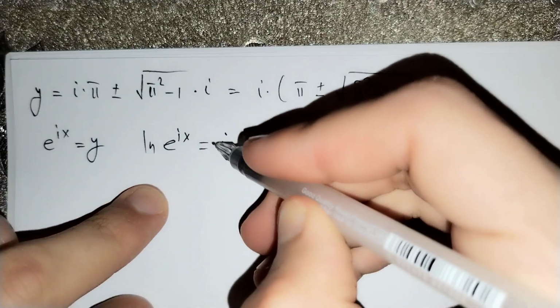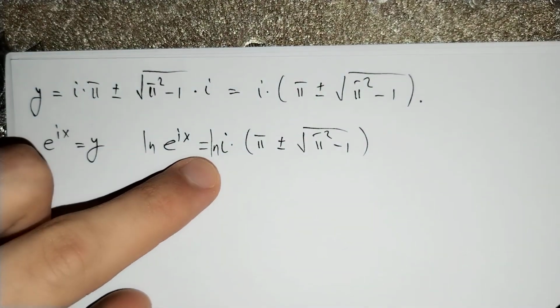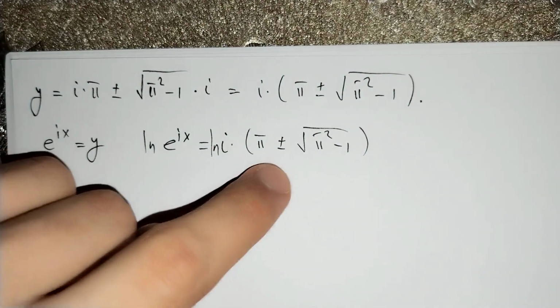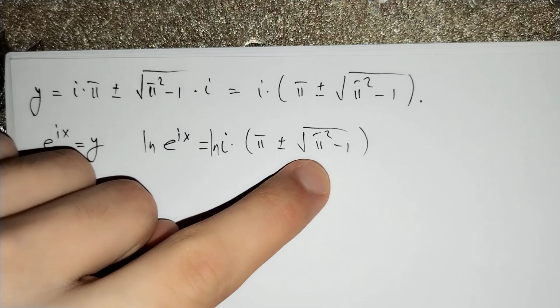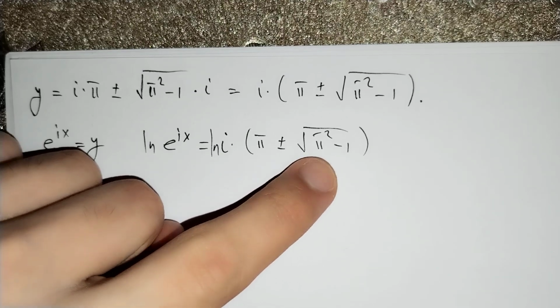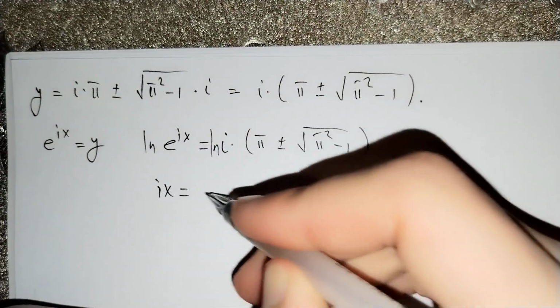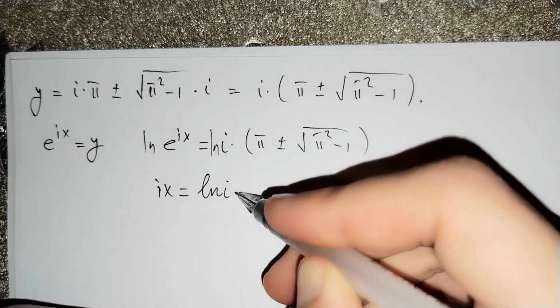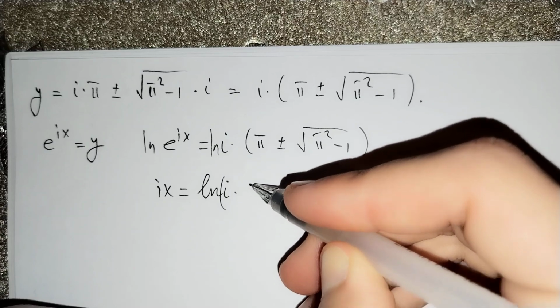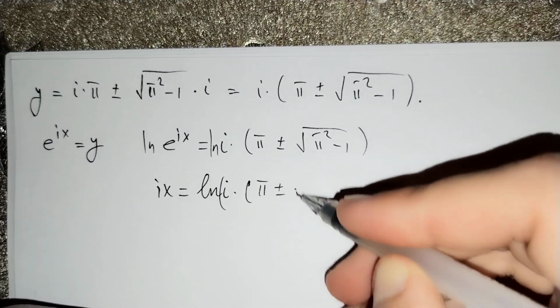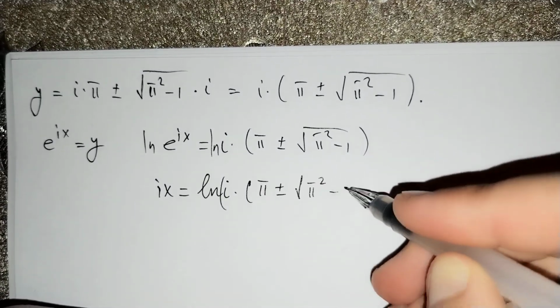If we apply ln to both sides, ln e power ix equals ln of i times pi plus minus the square root of pi squared minus 1. ix equals ln of i times pi plus minus the square root of pi squared minus 1.